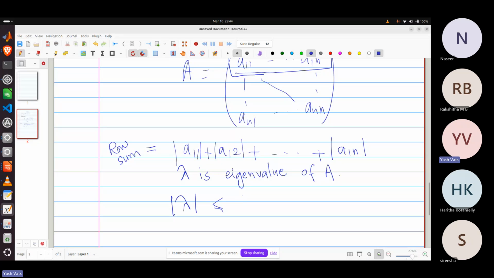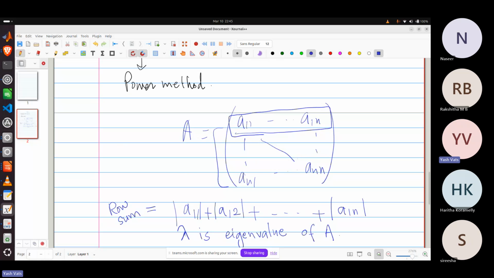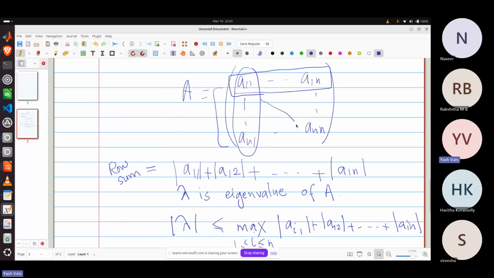So maximum over all rows, say i equal to 1 to n, of |Ai1| + |Ai2| up to |Ain|. So it can't exceed the maximum row sum. Likewise, you can define the column sum, and then you get this result.